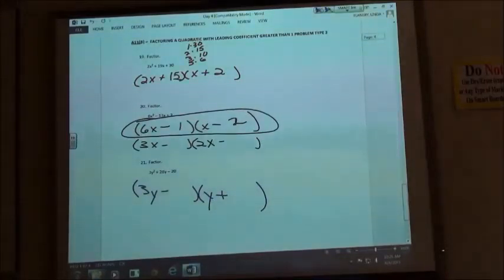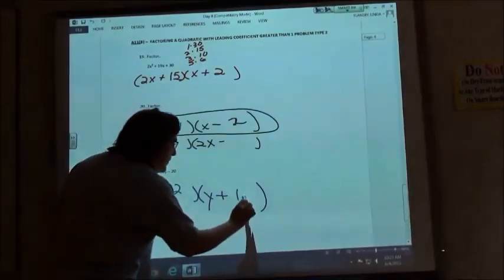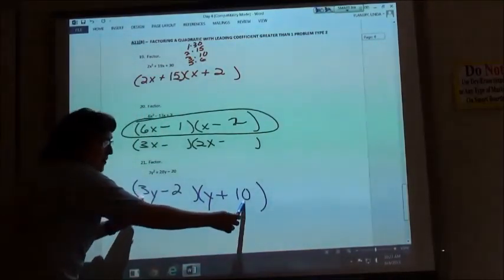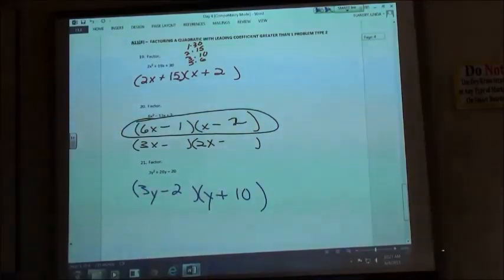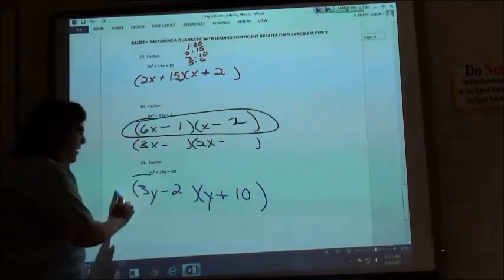When we FOIL it out, we want to get positive 28 in the middle. 2 and 10. My outside would be positive 30y, my inside is negative 2y, and a positive 30 minus a 2, sure enough, is 28. But just a matter of guessing and checking.